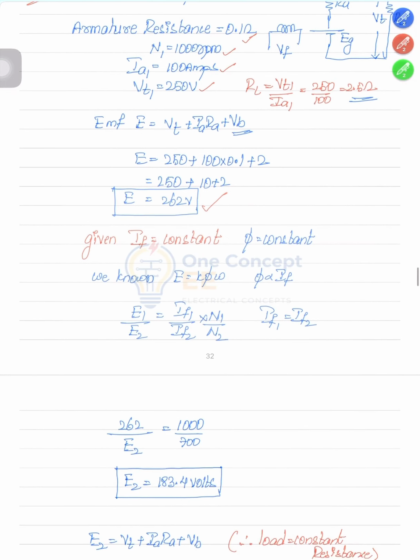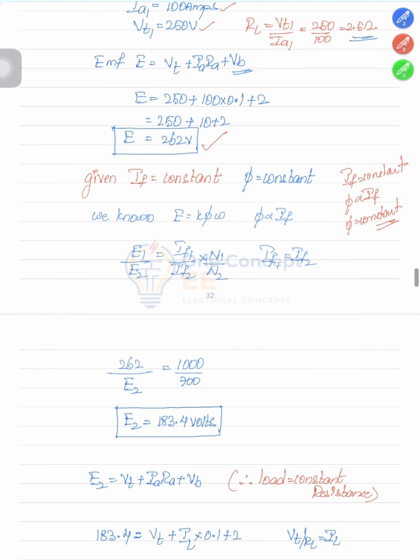Here, in this condition, the field current is kept constant. Means IF is constant. IF is constant means flux will be constant. Flux is proportional to field current. Flux will also be constant in both case 1 and case 2. By using the formula E equal to K into phi into omega, K is a constant, flux is also constant, then E1 by E2 equal to IF1 by IF2 into N1 by N2.